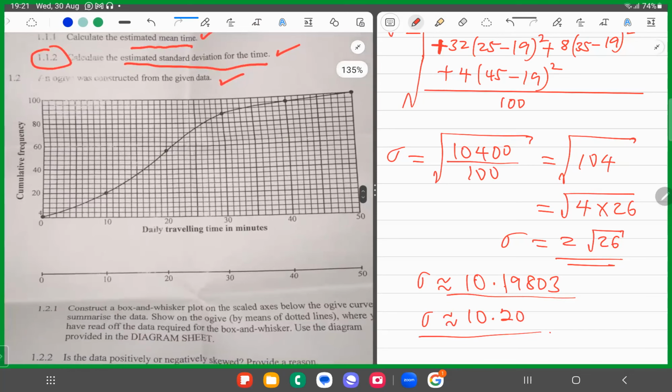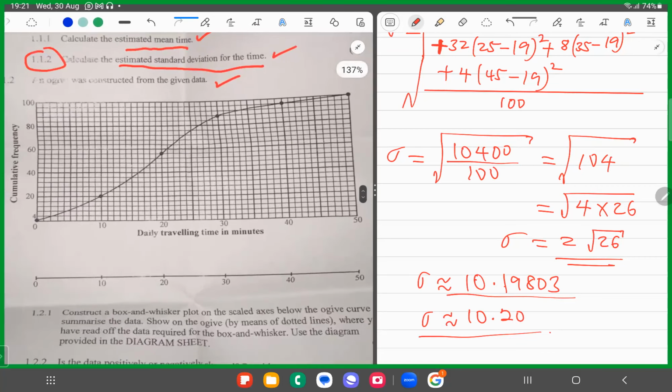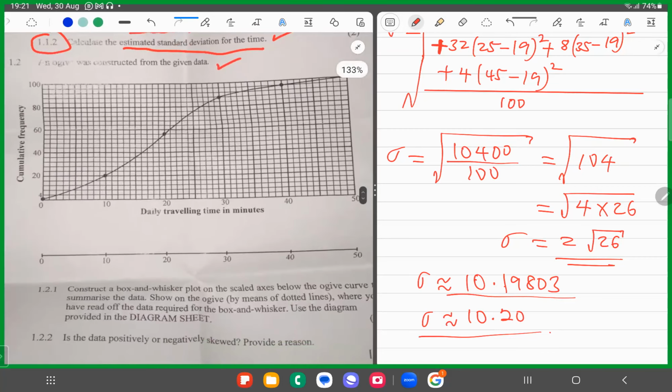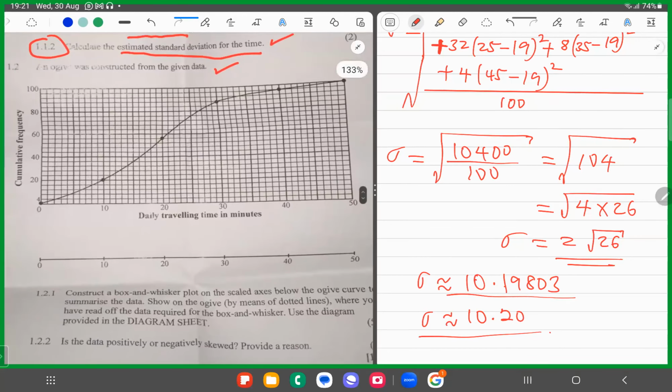Right, so let's continue with this. An Ogive was constructed from the given data, and this is the Ogive, they've already done it for us, so we are happy.